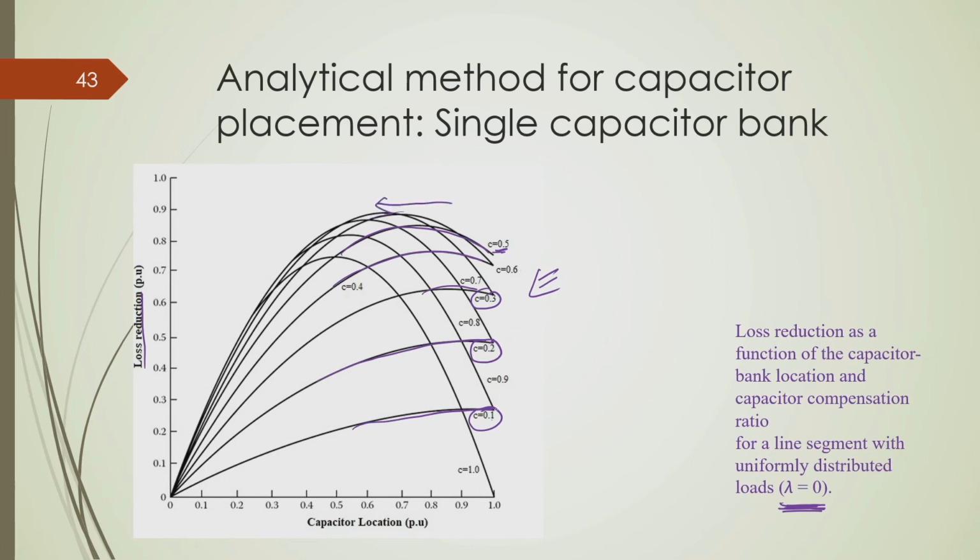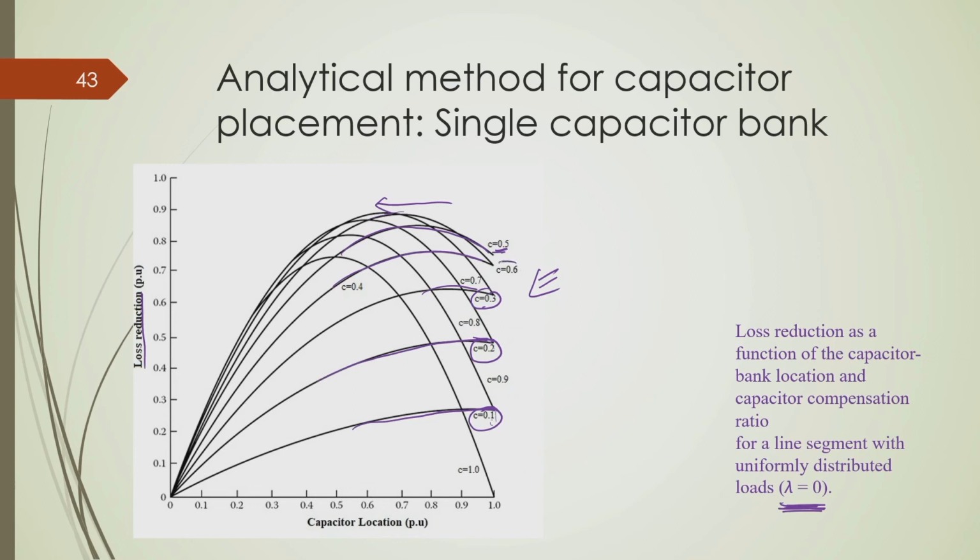So, at C equal to 0.1, at the end of this feeder, if we put a capacitor, we will get the highest amount of loss reduction. Similarly, at C equal to 0.2, it is also near the end of the feeder. If we put a capacitor bank, we will get maximum loss reduction, and this holds for C equal to 0.3, 0.4, 0.5 and so on.